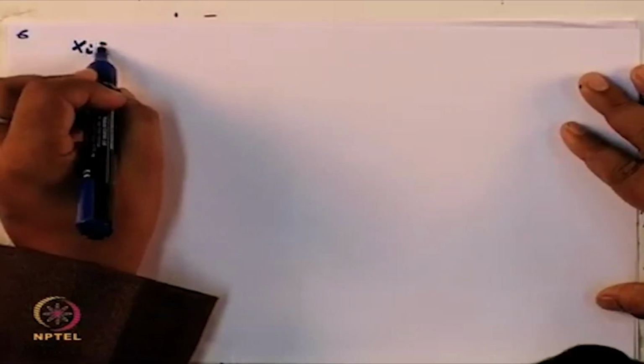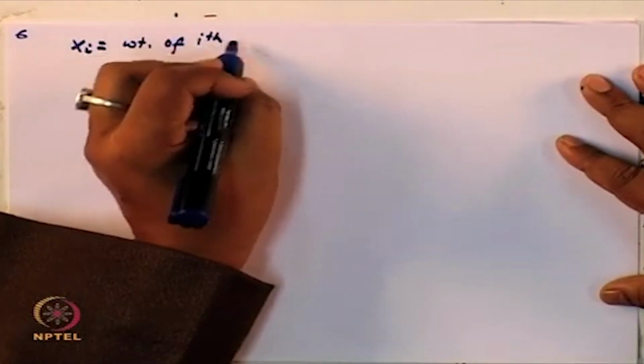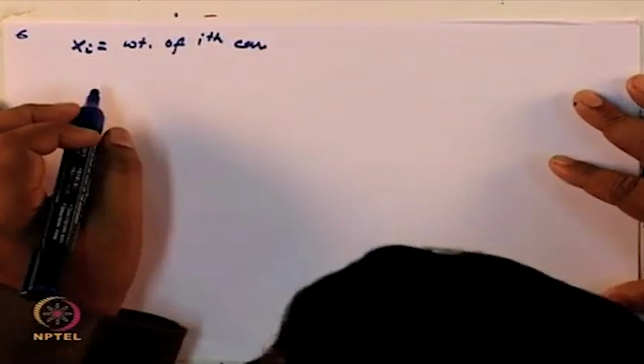Okay. So, how do we go about this problem? Okay. So, what you have been asked to calculate is, so let us say xi is weight of ith car. Okay.